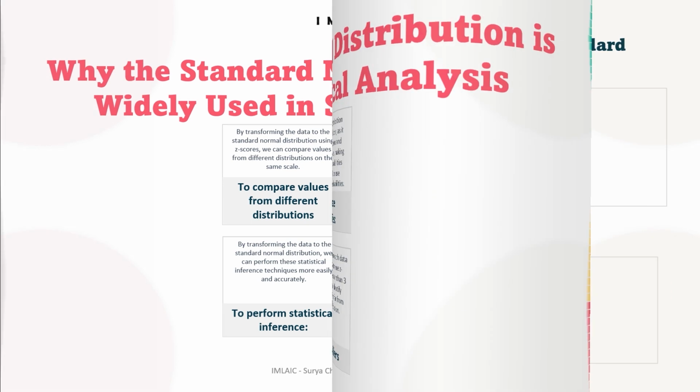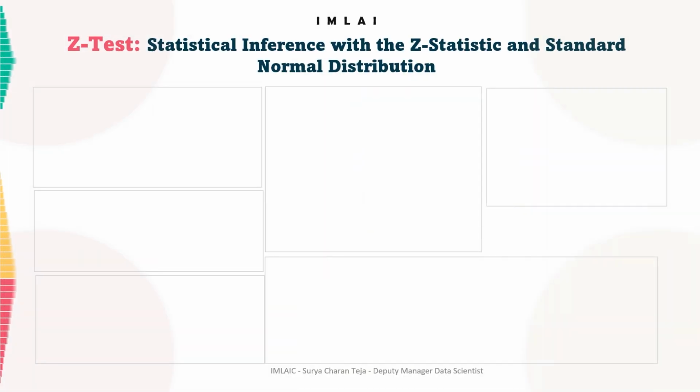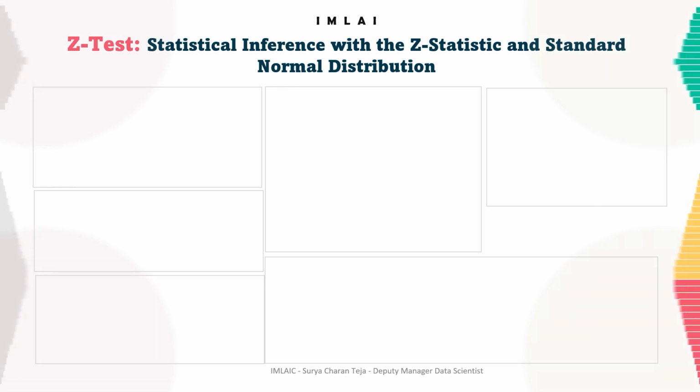Now we're going to explore the z-test: where it is applicable, on which variable it is applicable, what type of distribution it uses, how we calculate the z-test statistic, how we decide the level of significance, how we calculate the probability, and how we select a feature using a z-test. Everything we will discuss in this.